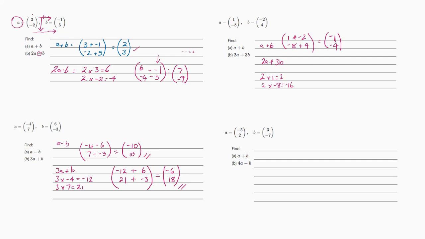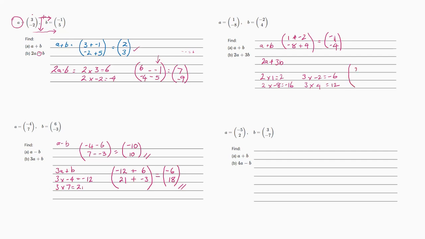And then we have 3b. So that's going to be 3 times -2, which is -6. 3 times 4 is 12. So let's put them all into one vector.